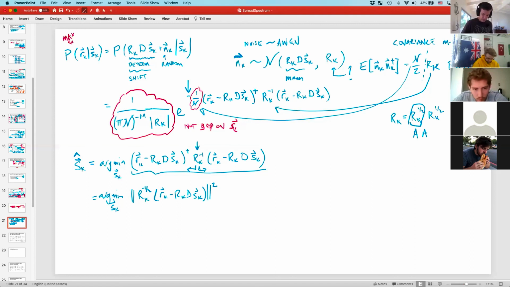I've done the thing that I promised. I've split the capital RK inverse into 2 halves, and therefore what we have in the above line is an inner product, a vector with itself, and that's the same thing as the norm of the vector squared.